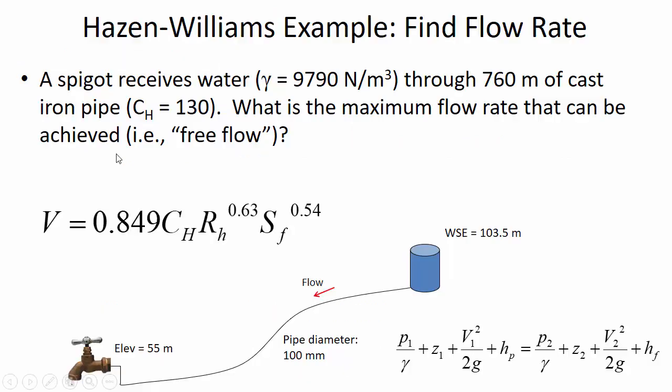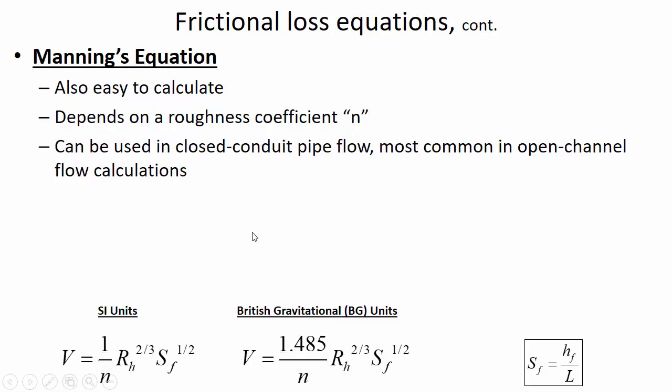In the same way that we had a formula with Hazen-Williams that estimates the velocity based on a roughness factor, some geometric parameters describing like the pipe diameter, for example, and then the driving force. That's what went into Hazen-Williams equation. Manning's equation is similar. It's got a roughness term. It has a geometry term that's describing the shape and the size of the channel that the flow is going through.